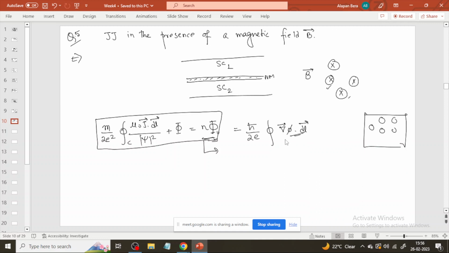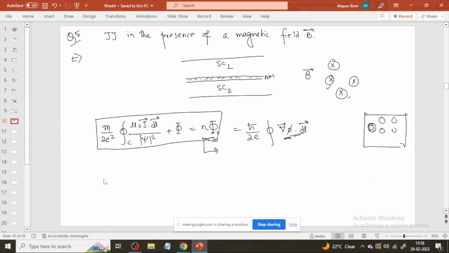And this delta phi gives us the change of the electron's wave function's phase when we go one time around these vortices. So that can be written by this equation. Now we'll make use of this equation to finally derive how the current equation gets modified.